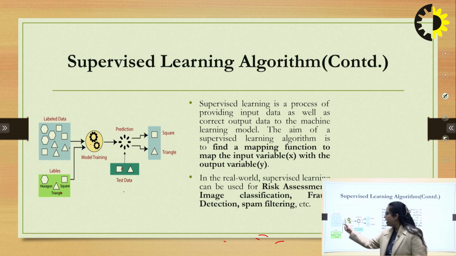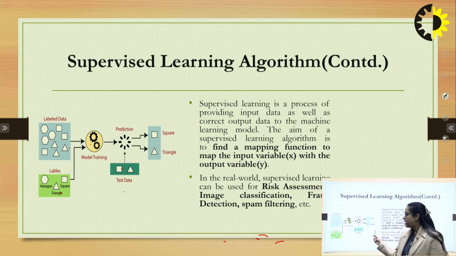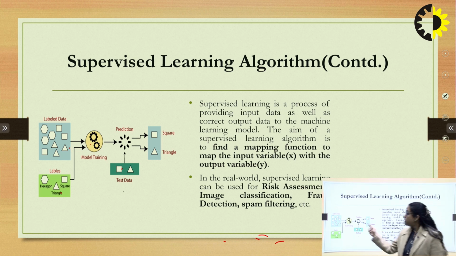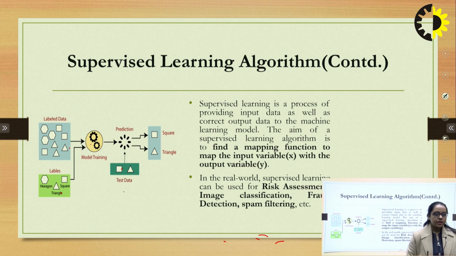Input variable x and output variable y. In test data, input variables are these and output variables are these. So the process, the pattern, the relationship, we will represent with the help of a mapping function.